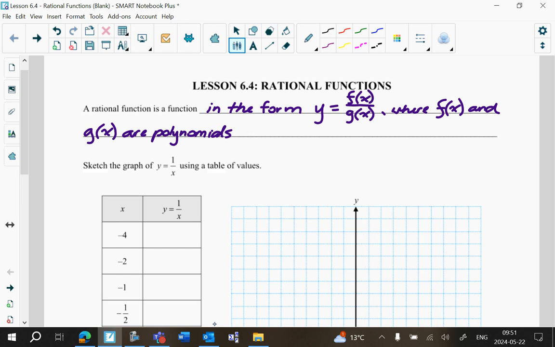Whenever you write exponents, you can't have fractions or negative exponents. Okay? And the other thing, g of x, whatever that is, can never be 0, right? Because we can't divide by 0.